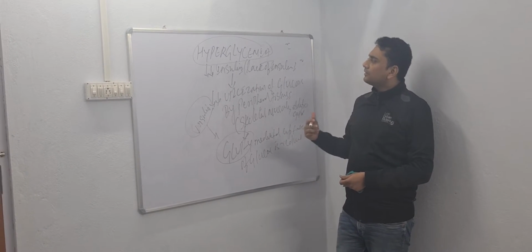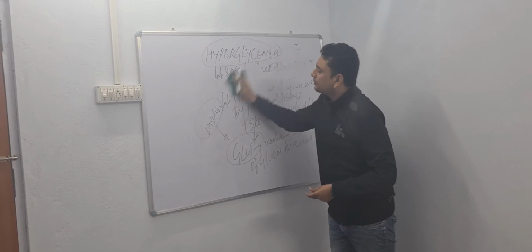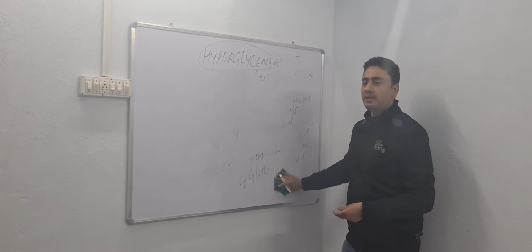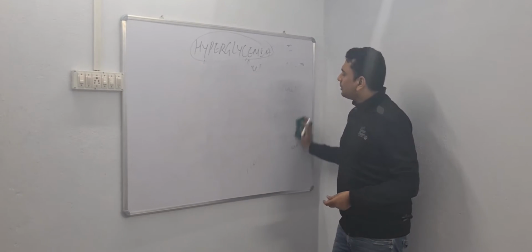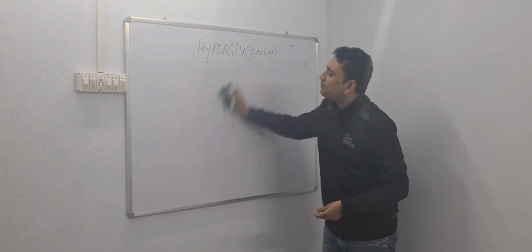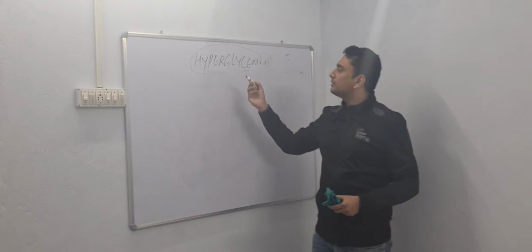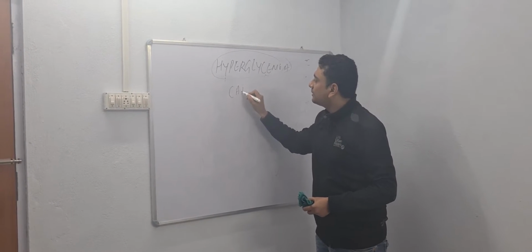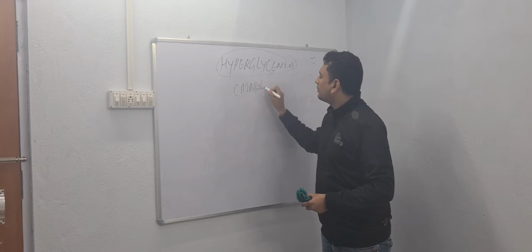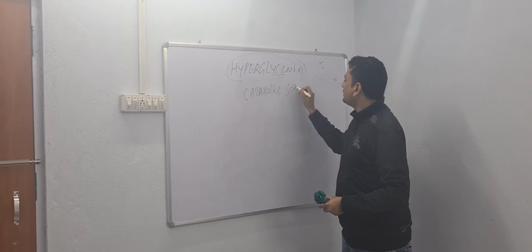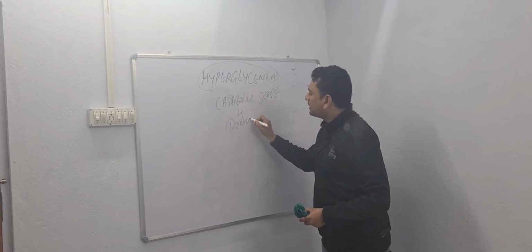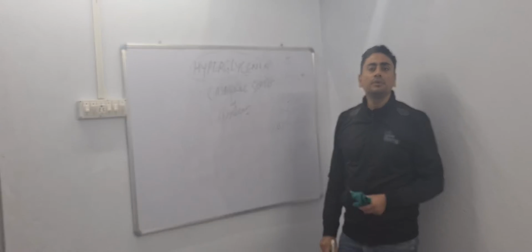Apart from that, the other reason being, since the tissues are not able to utilize glucose properly, what will happen? There will be increased catabolism. Okay, so this diabetic ketoacidosis is a highly catabolic state, where there is a breakdown of proteins, especially muscle protein breakdown will be very high.